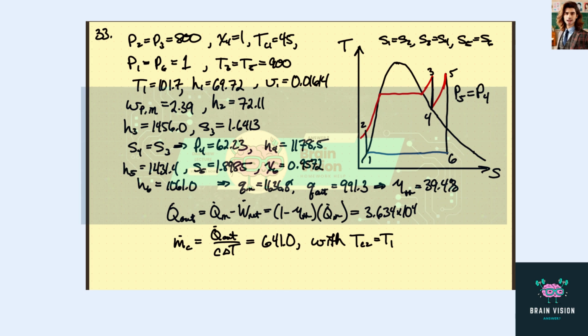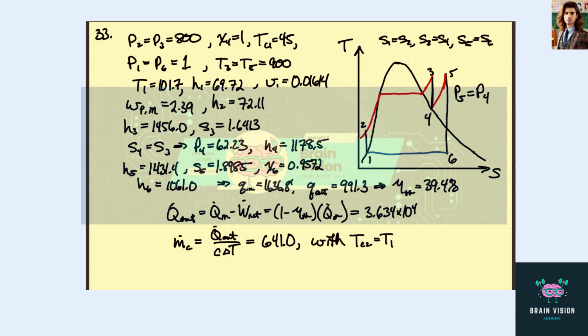So we know the pressure and temperature at 5, so we can get the enthalpy and the entropy. Entropy at 6 is the same as the entropy at 5, so we have two properties there, pressure and entropy. So we can get the quality factor, and we can get the enthalpy at 6.